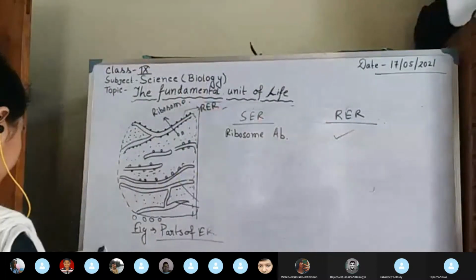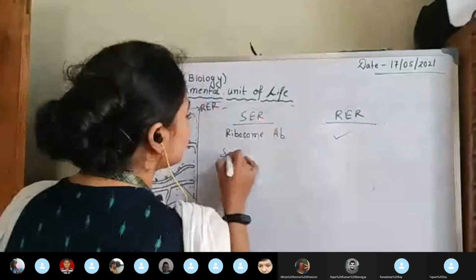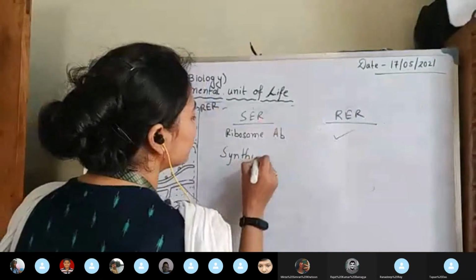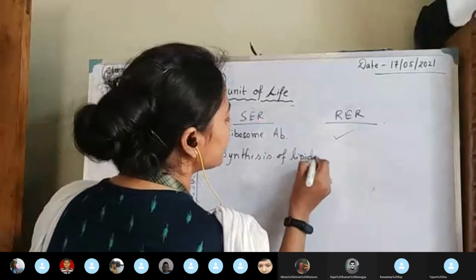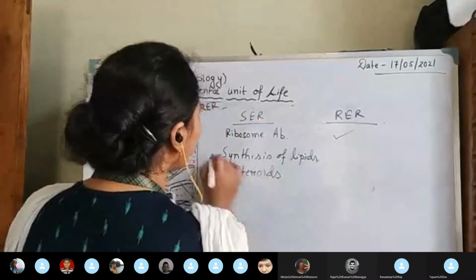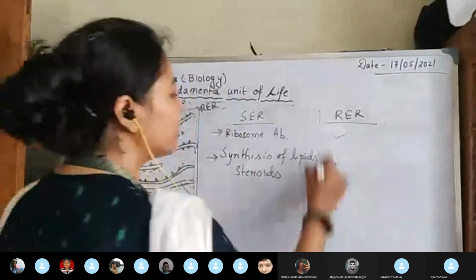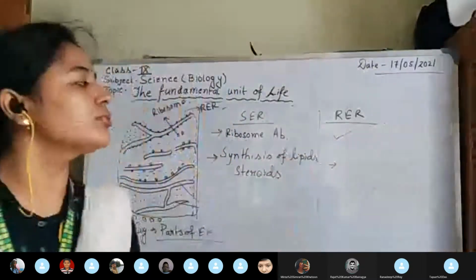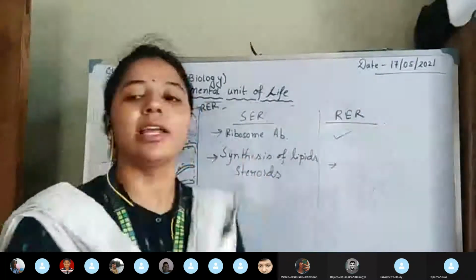Smooth endoplasmic reticulum helps in the synthesis of lipids and steroids. So what is the main function of smooth endoplasmic reticulum? The main function of smooth endoplasmic reticulum is the synthesis of lipids and steroids.